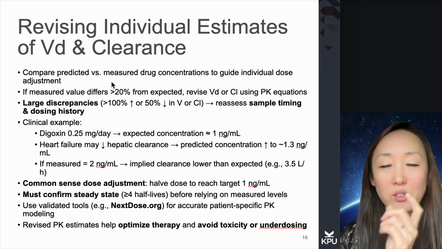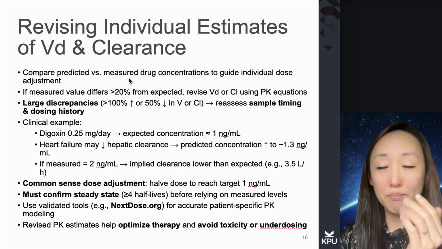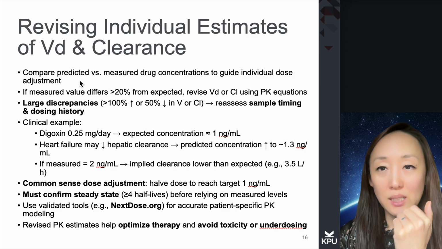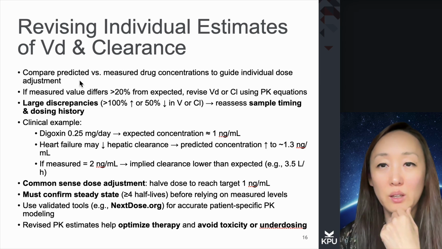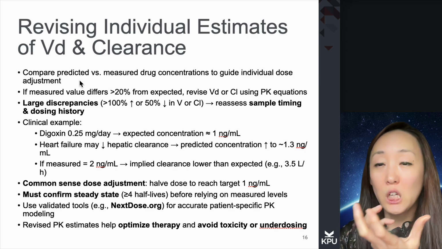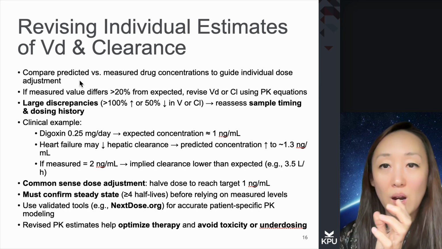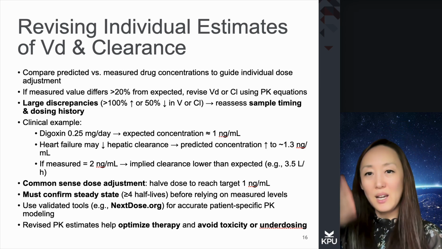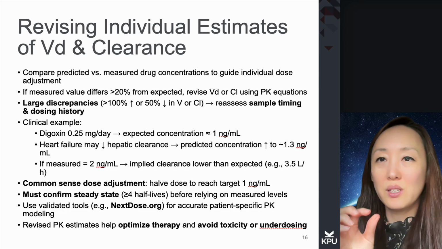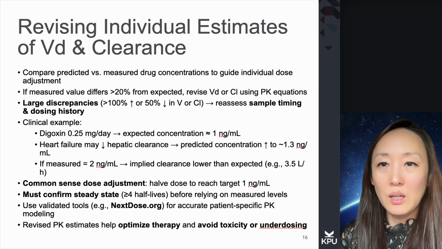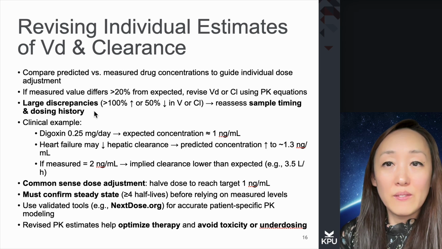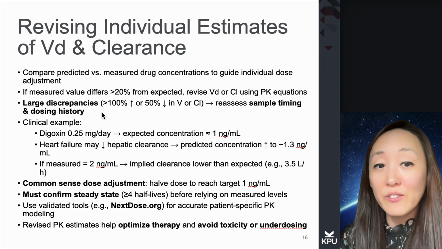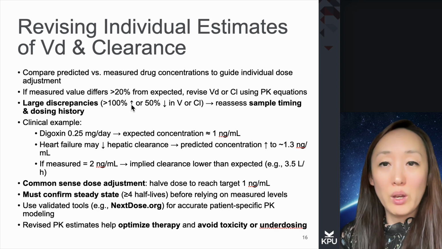If the measured concentration is off by more than 20% from what we expected, it's time for us to recalculate the volume of distribution and/or clearance using pharmacokinetic equations. So remember that mark. We draw the line somewhere, and that's a 20% deviation point. So if the revised clearance or VD is more than 100% higher or 50% lower, then we have to double check the assumptions.